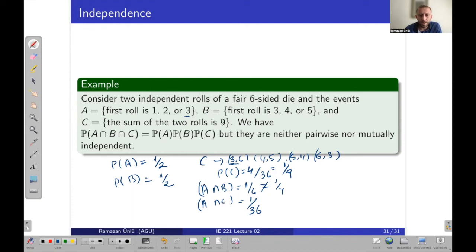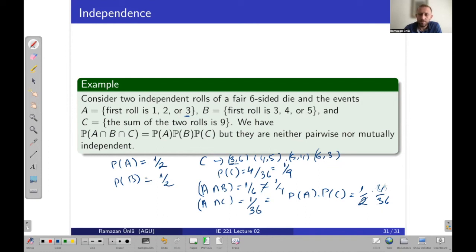But the individual multiplication, I mean, the P(A) times P(C) is 1/6 times 4/36, right? This 4 is coming from the number of elements in C and the number of elements in the sample space.